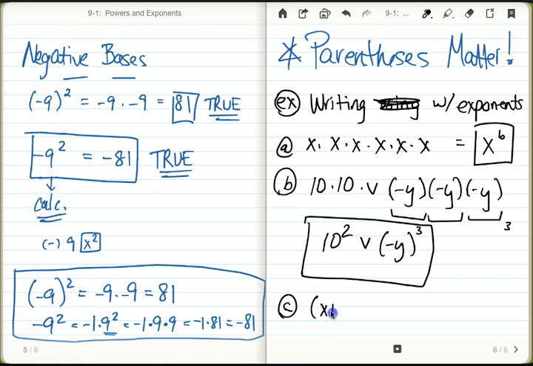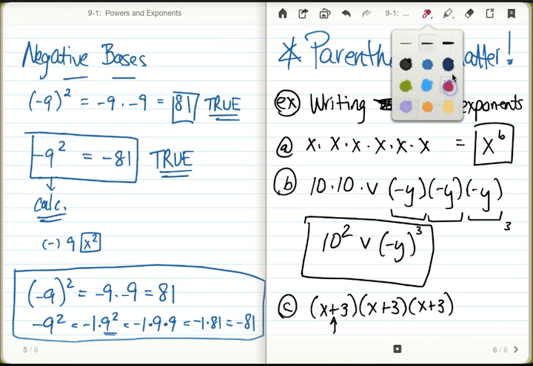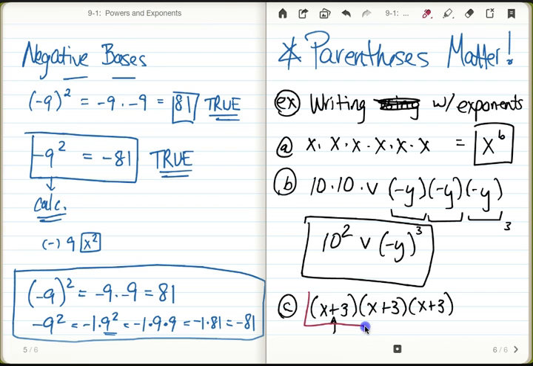What if I had something like this? x plus 3 times x plus 3 times x plus 3. Okay, this is pretty interesting. A lot of people would want to do x cubed plus 3 cubed, but we have to be very careful because these are sums. So I have to look to see what exactly is being multiplied by itself. In this case, x plus 3 is being multiplied by itself 3 times.